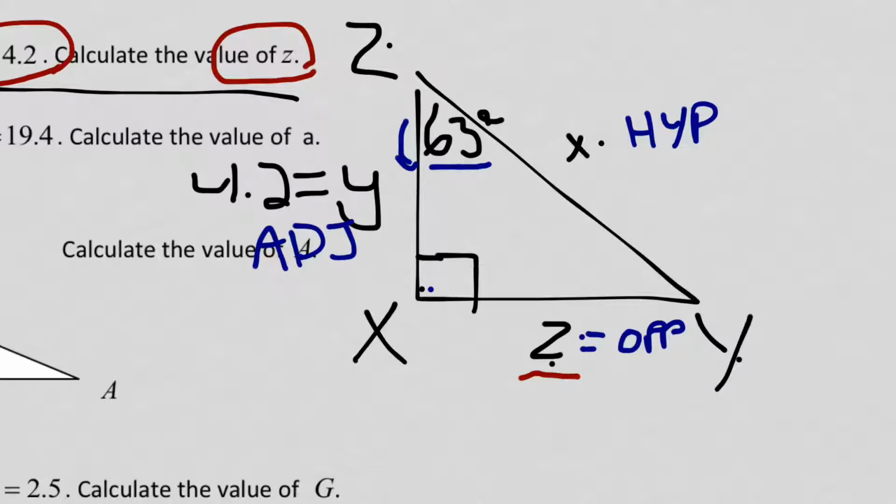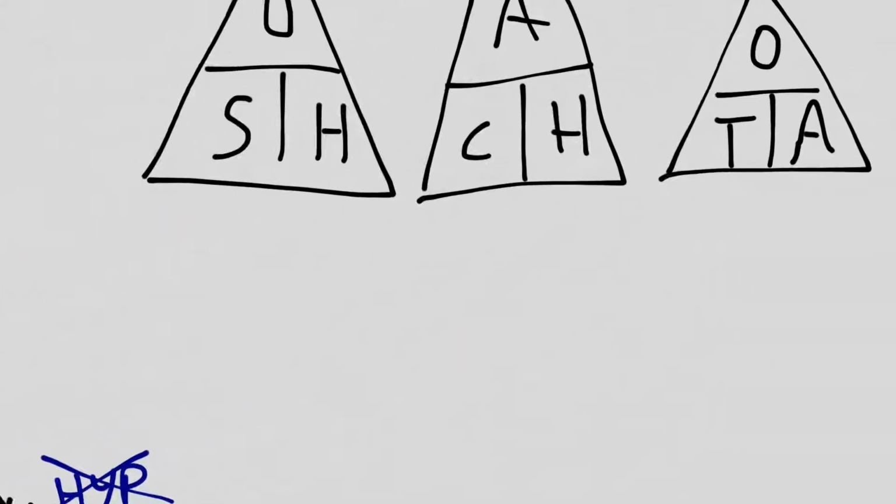Here's how we work with any of these 90-degree trig problems when we're given an angle and solving for a missing side. We were given the adjacent, and we were asked to solve for the opposite. We were not given, nor asked to solve for, the hypotenuse. That's going to help me pick the right trig ratio. I've written them here.